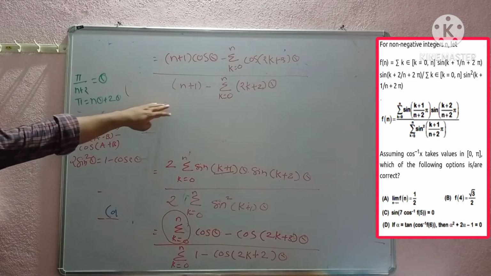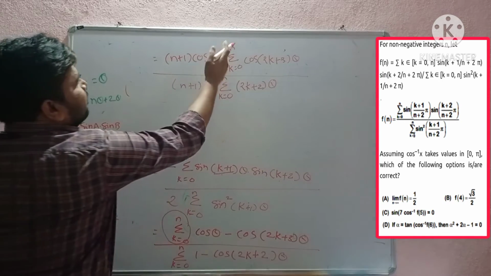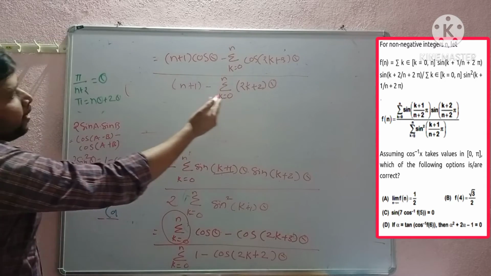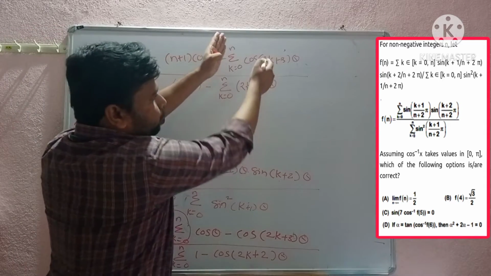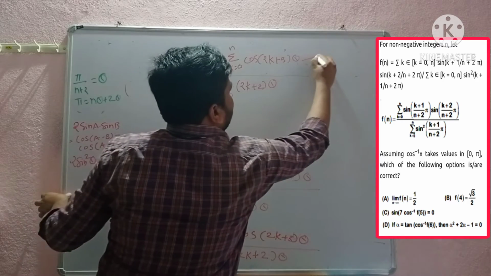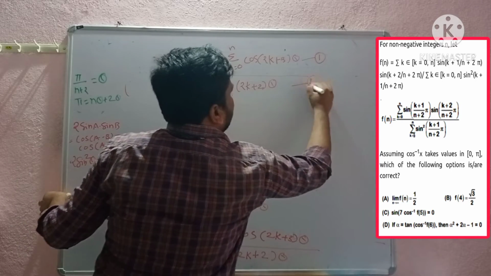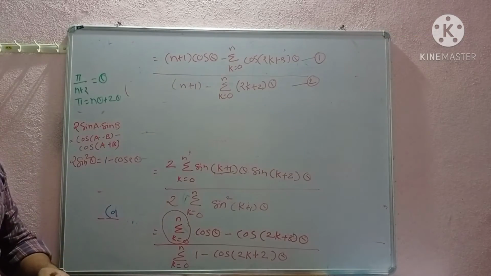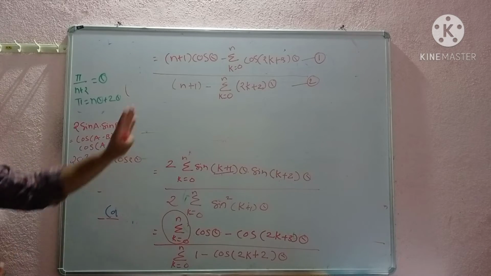Understand? Now these terms are separated from the sigma term. Now we have the task of simplifying these two terms, that means summation 1 and summation 2. There are two summation terms we have to simplify, and after that we can proceed to our solution.